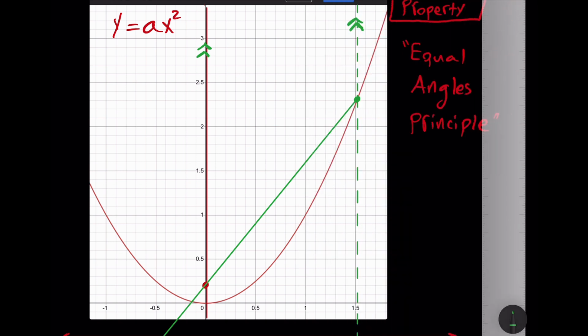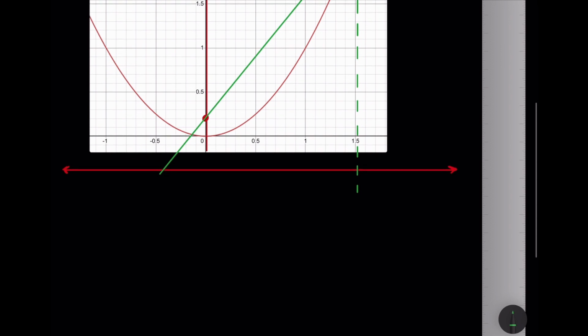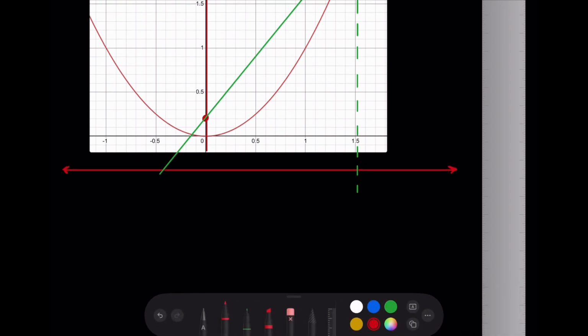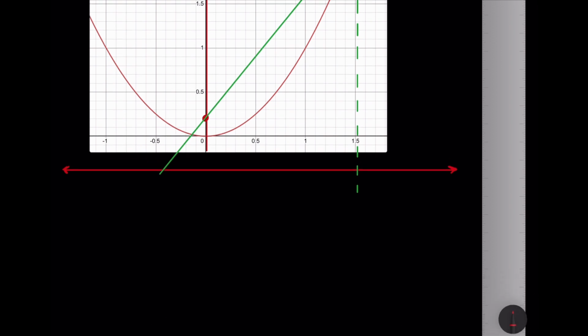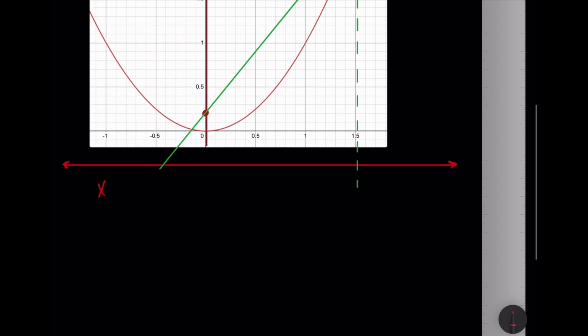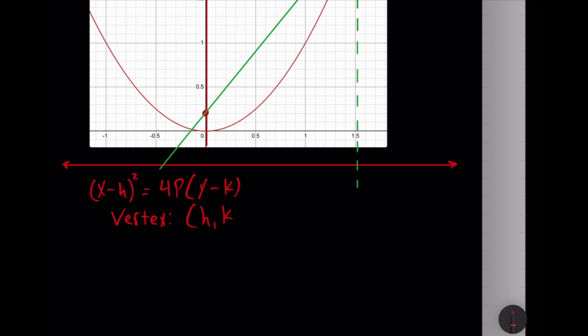Now let's right now think about this parabola. Now in general, if we think about the definition of a parabola, we can derive its equation. We've done that in a previous video. So we have a parabola such as x minus h quantity squared is equal to 4p times the quantity y minus k, where the vertex is located at h comma k.